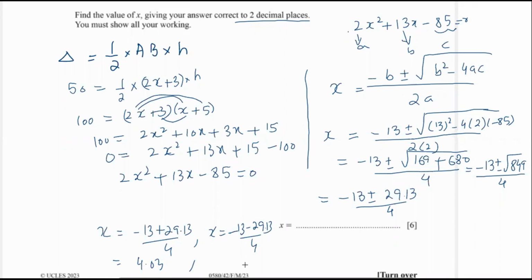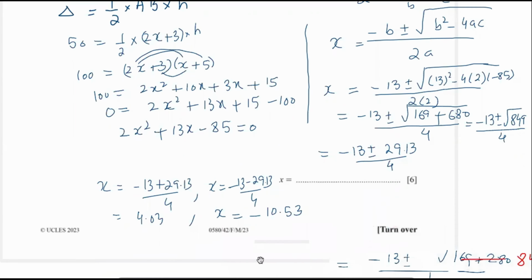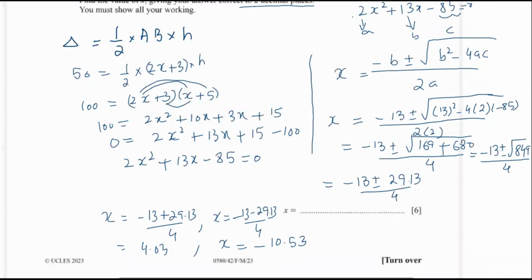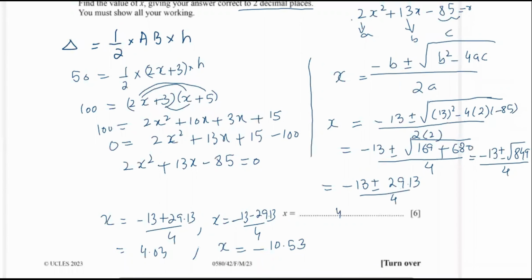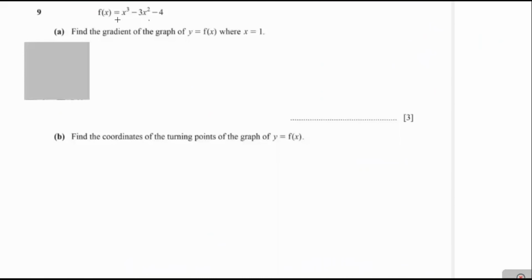And the next value, minus 13 minus 29.13 divided by 4, we get x equal to minus 10.53. And this is the answer, 4.03 and minus 10.53. Then we go to the next question.